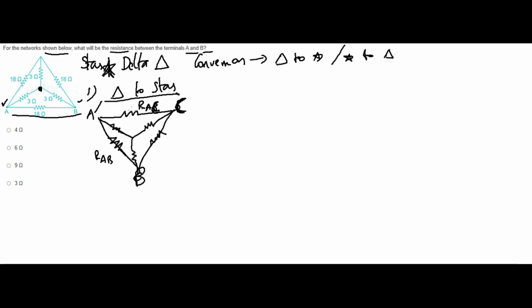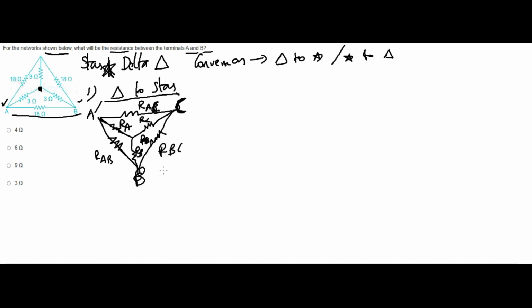Any base you can make it in any form. In between the gap of BC, the resistance is RBC. This resistor comes from A, it is RA. This one has come from C, and this is RC. This is come from B, so this is RB.